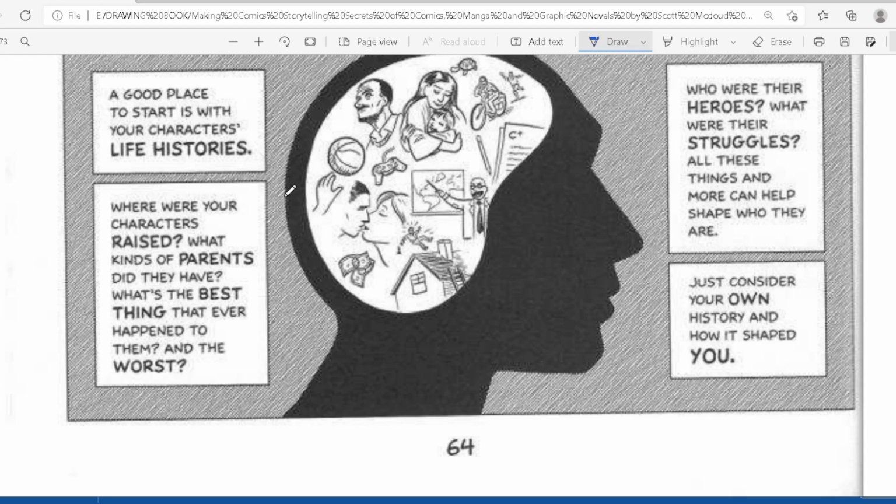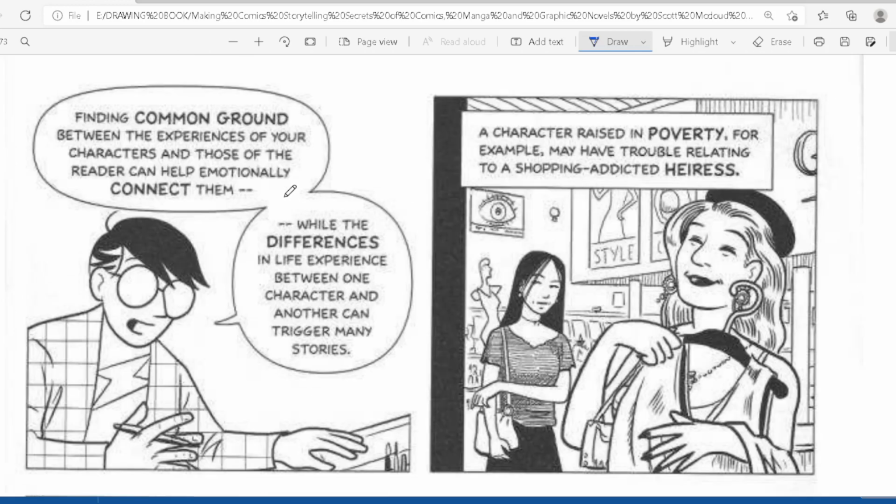So what he's saying, whatever character you are going to draw, they have some reason, so that you will be able to continue with your character in every comic strip. Finding common ground between the experiences of your characters and those of the readers can help them connect emotionally.